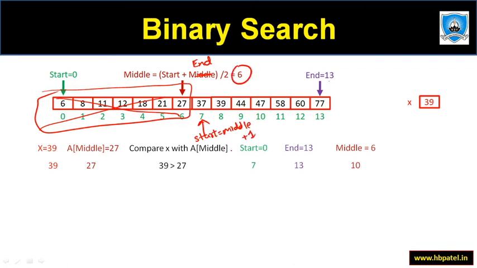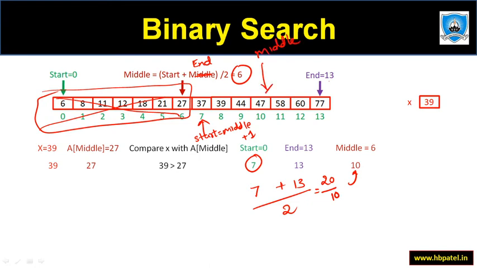Middle was 6. So 6 plus 1, that is 7. So now start is pointing over here and end is at the same place. With this new start, 7 plus this end 13 is 20. 20 divided by 2, so the new middle will be 10.